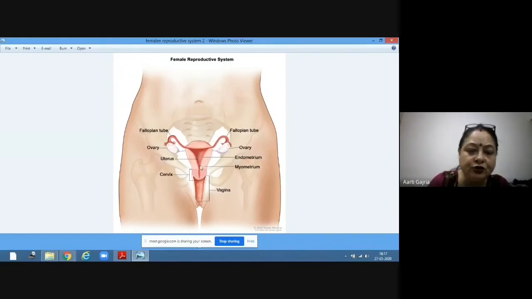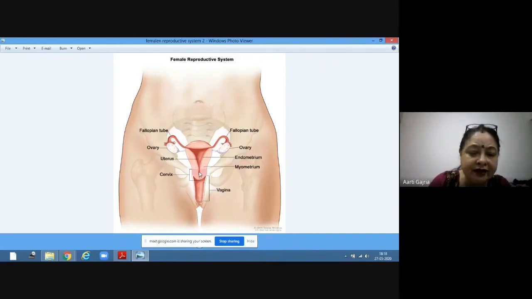Now this uterus will join the vagina. This is the vagina, and between uterus and vagina there is the cervix. This is the cervix, and the lumen, the cavity of the cervix, is called the cervical canal.